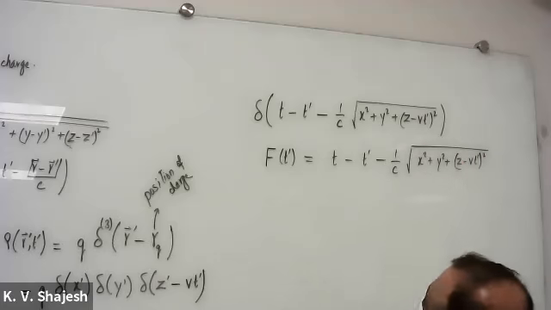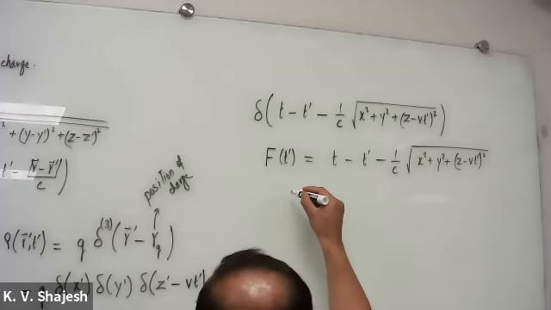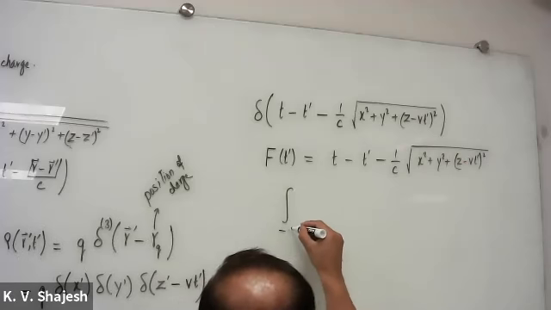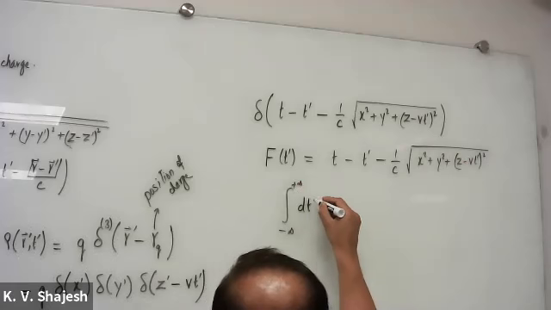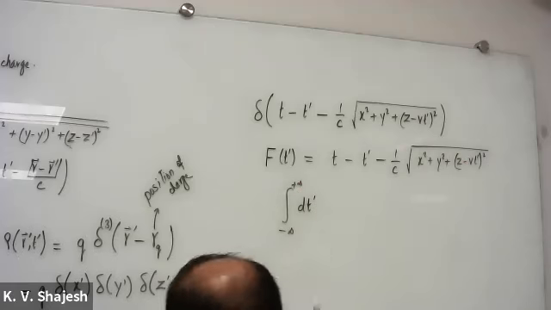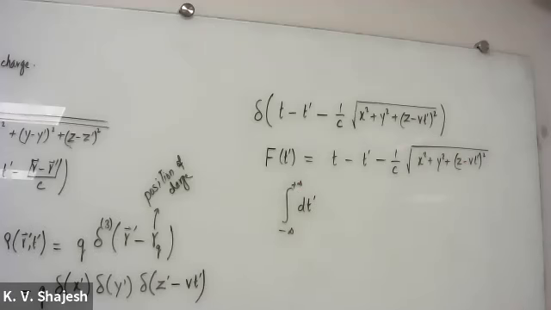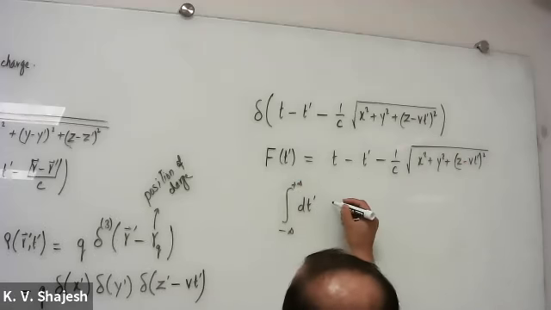And we are interested in doing an integral of this kind. So we are doing minus infinity to plus infinity dt prime, and there is some quantity that is t prime dependent. So let me say that's g of t prime.